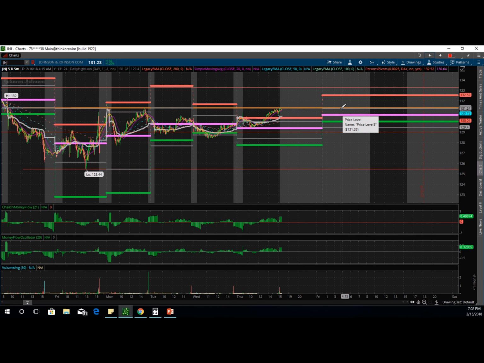So now I know that if I get a break on this, I should hit 132.50 at the least as a potential target, which is about a $1 spread, and that could be a trade for me, assuming that the trade goes in my favor. So that's how I draw trend lines on the different time frames, and then they carry over to the 5-minute chart and give me a better idea of where I am in the bigger scheme of things.